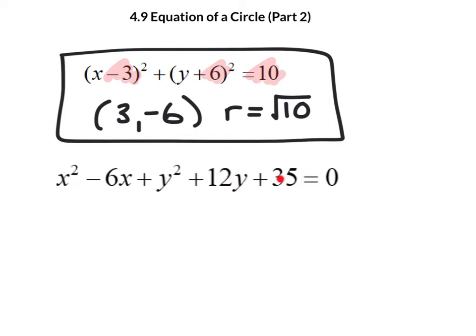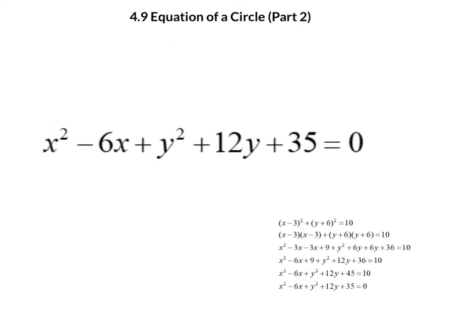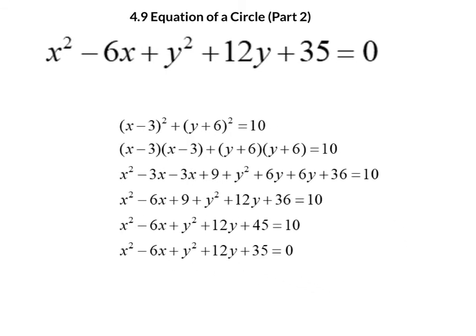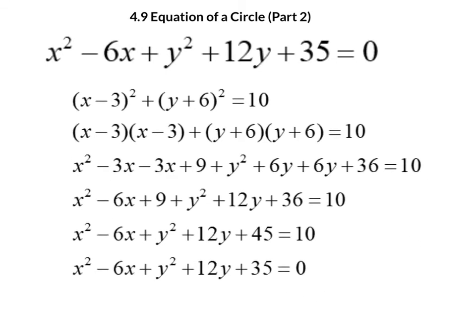But let's show you where this came from. So this guy's general. Here's how it came about. And you can see what happened. So here's the form we like, known as standard form. And what we did is we multiplied all of that together. We multiplied this together to get these items.